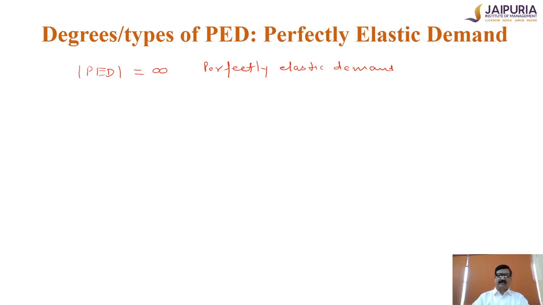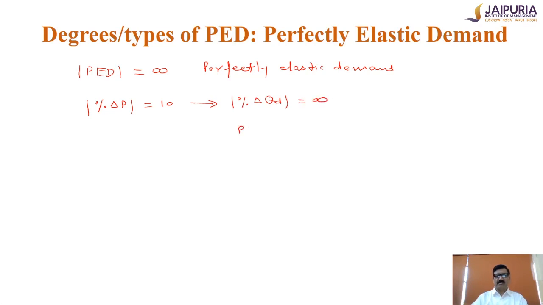Again, taking a numerical example, suppose the percentage change in price is equal to 10 and it leads to a percentage change in quantity demanded, which is equal to infinity.